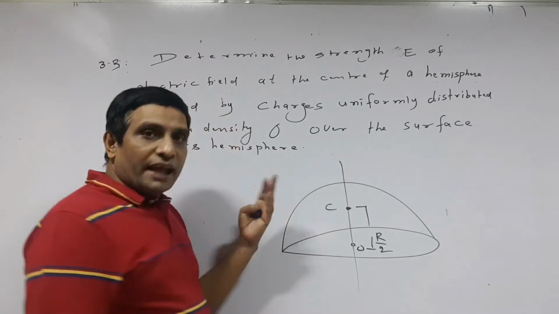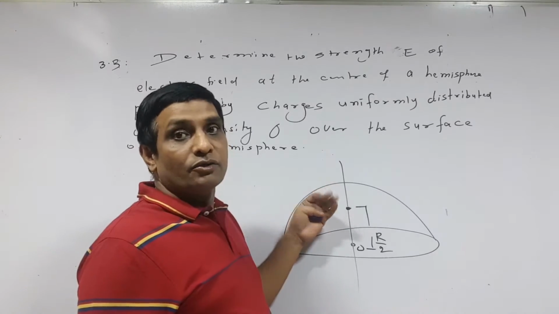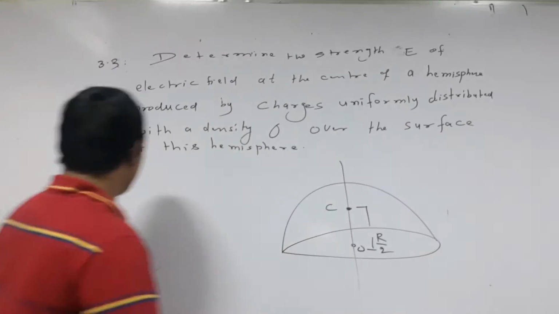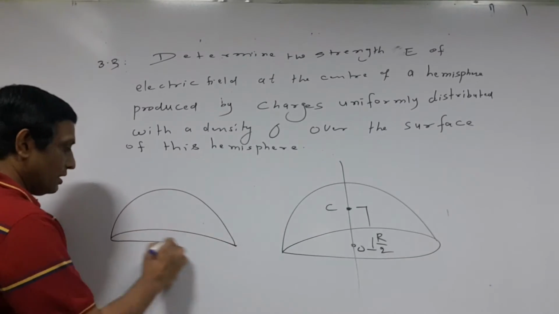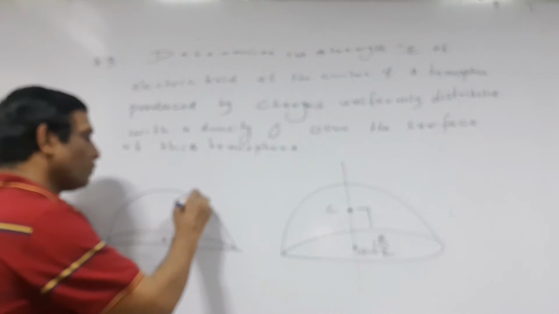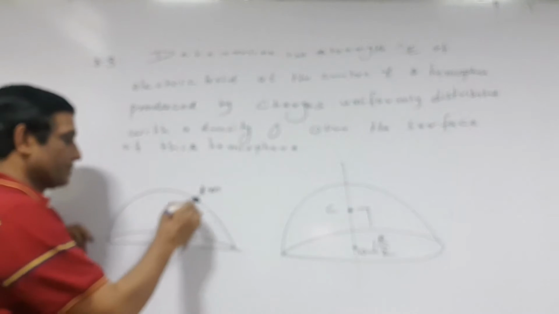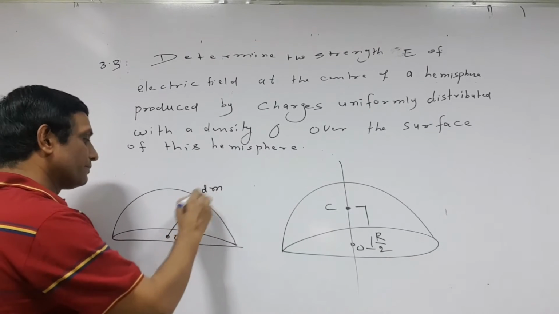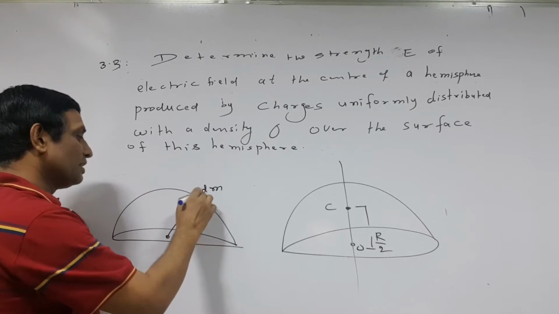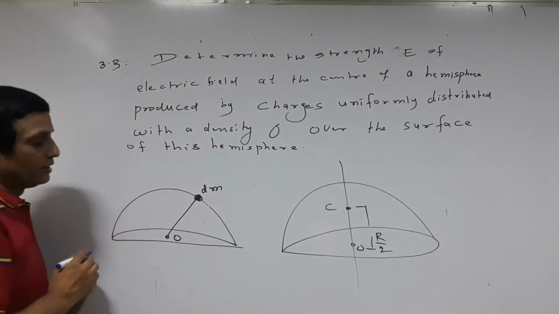If you utilize the basic method to get the center of mass, then firstly we will take O as origin and a small element dm at its surface. The position of the center of mass of this considered element is at itself.